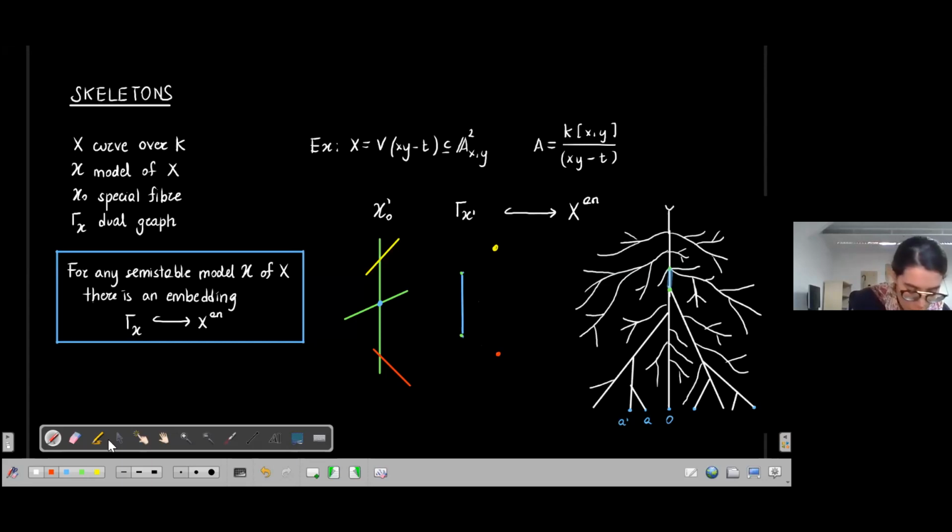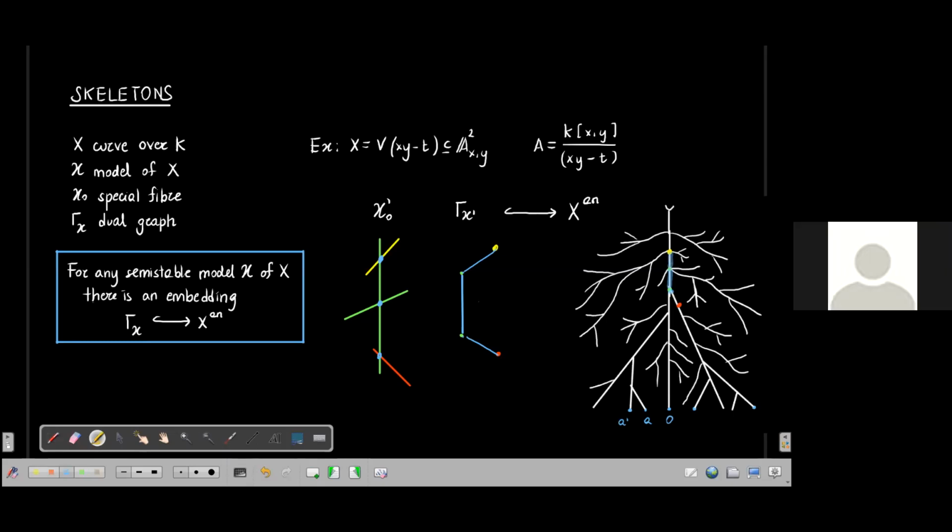And there are also more nodes than before. Now we also have these 2 new nodes, so I have new edges. And what you can expect to happen is that now we will also get a bigger subset inside the Berkovich space. So for instance, maybe we get these points, and a point on another branch, and we will also get the paths joining them.